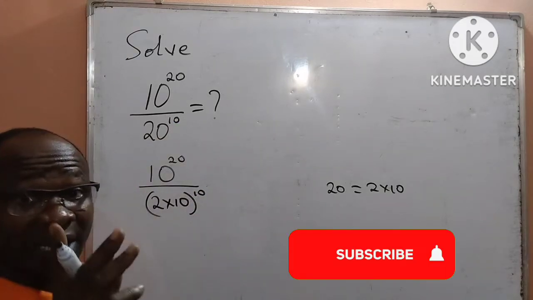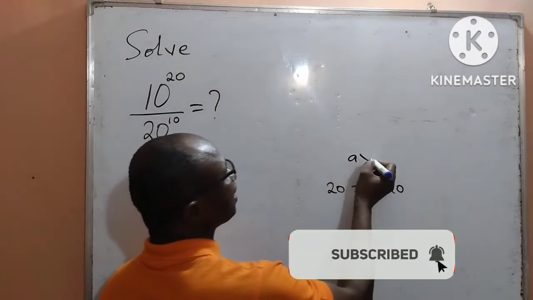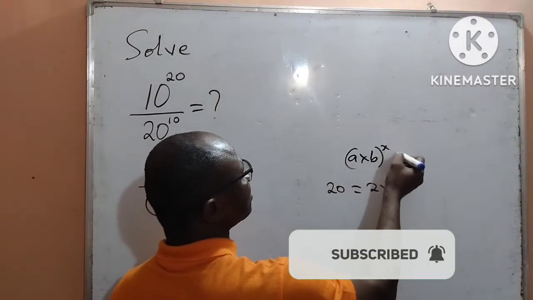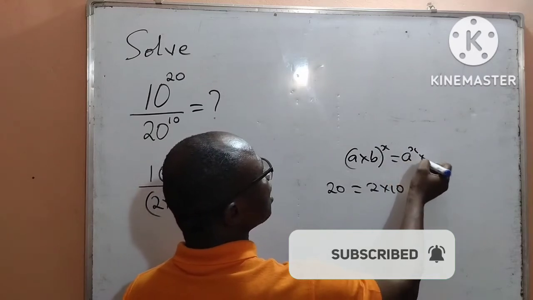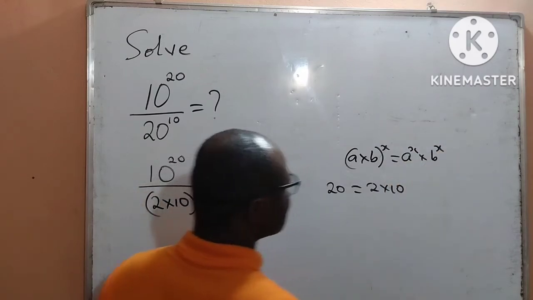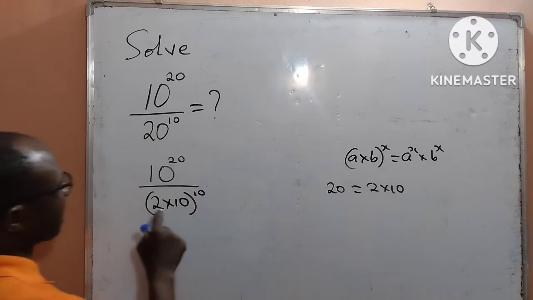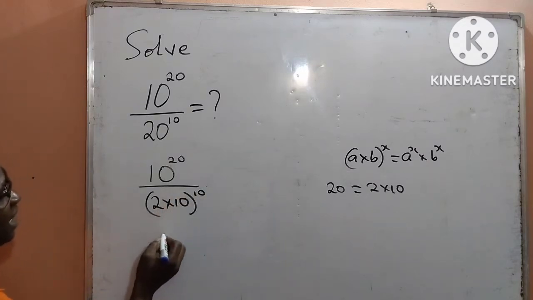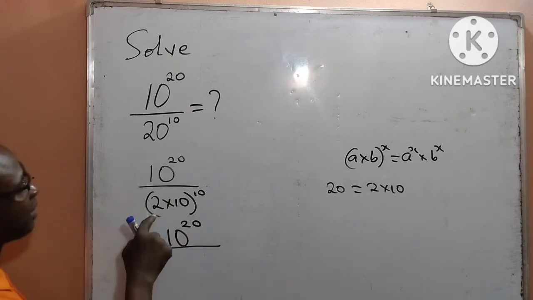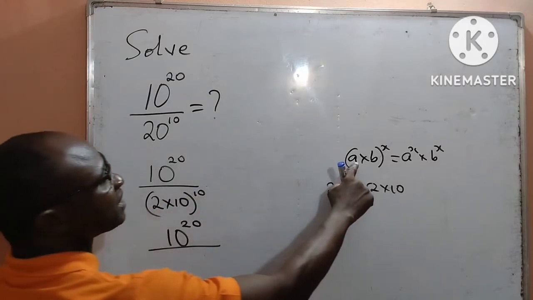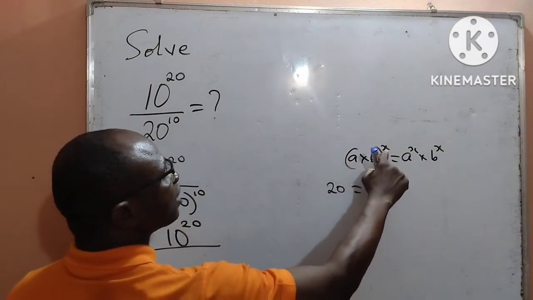Very good. But by the law of indices, a multiplied by b to the power of x is exactly equal to a to the power of x multiplied by b to the power of x. Meaning that I can now write this as 10 to the power of 20, and at the denominator I will now have 2, which is represented here by my a to the power x.